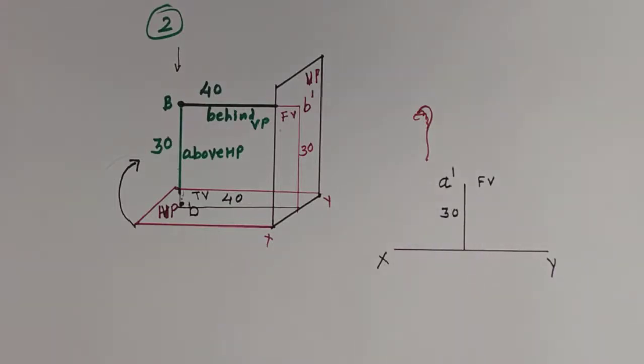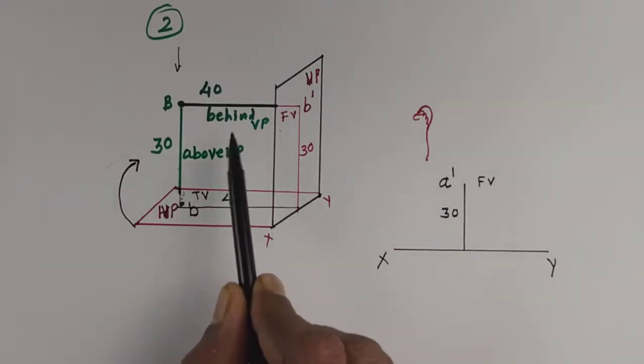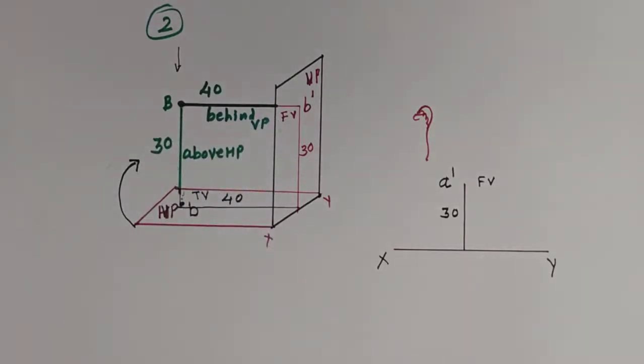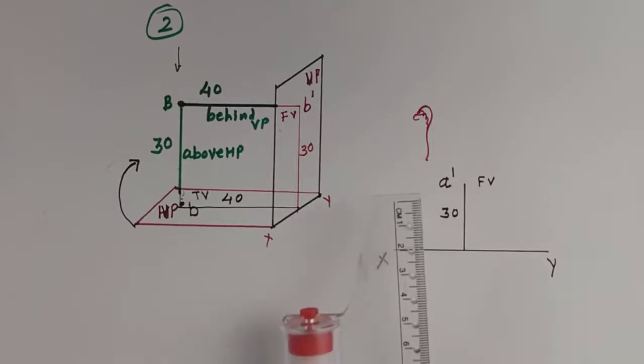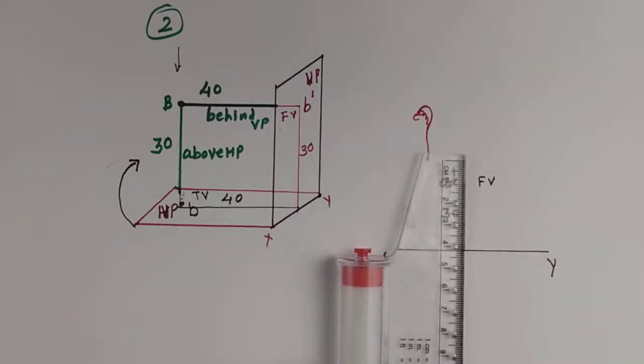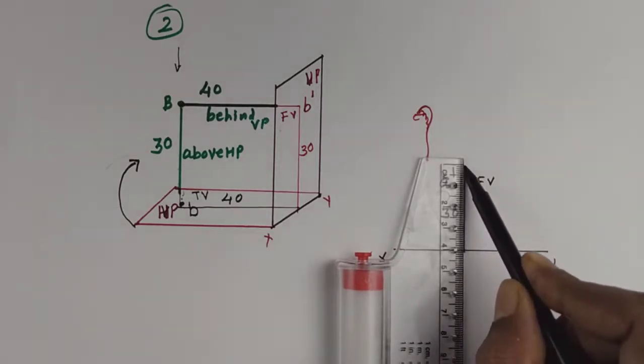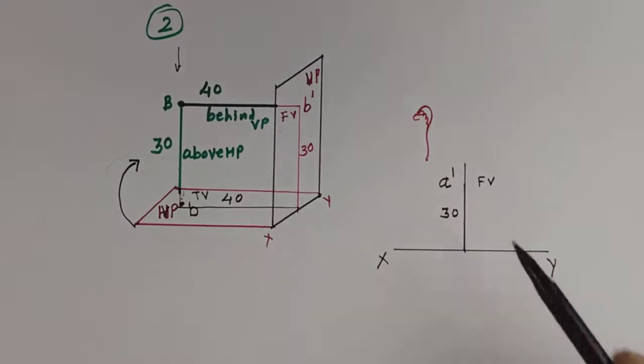Second condition, with VP, 40 mm behind VP. Behind VP means our point is again above the XY line. So with the same projection, I take the 40 mm dimension from the XY line.